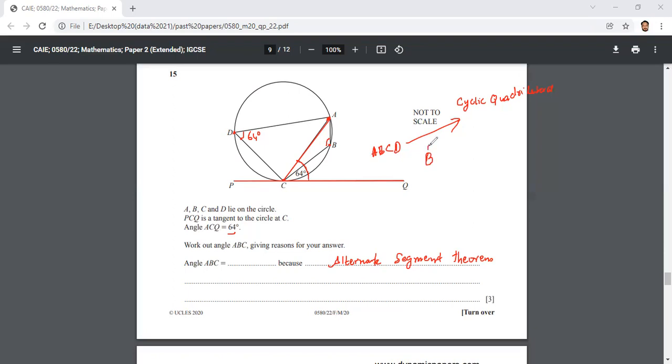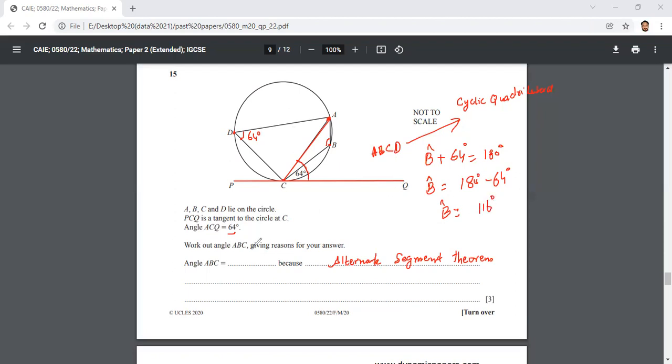So angle B plus 64, because angles B and D are opposite, equals 180 degrees. So angle B equals 180 minus 64, which gives me 116.